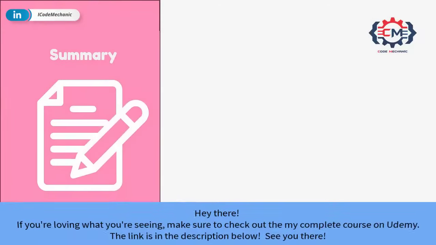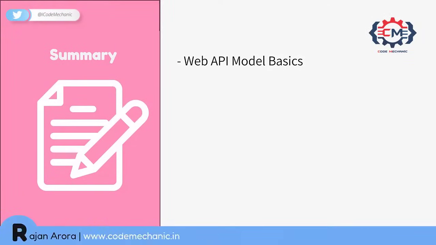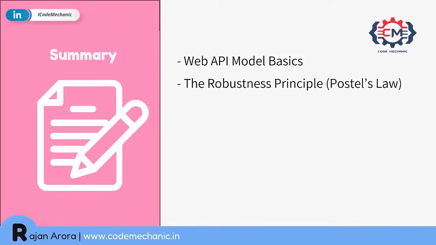That's it. Let's review what we covered in this module. First, we looked at some basics of Web API models. Remember, they should be data transfer objects and should only include the data needed for the operation in question. Next, we reviewed Postel's law, the robustness principle, and we also took a look at another related law, Hiram's law.